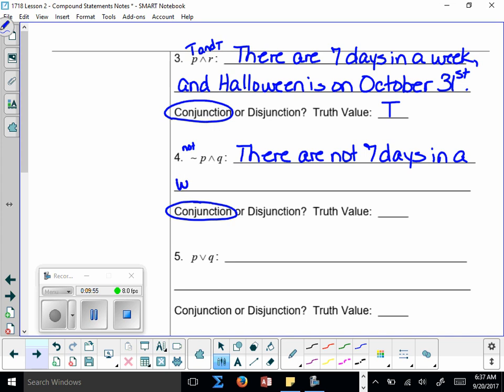Is that true or false? That's false. And Q, let's see, Q was March has 30 days. That was a false statement. So for a conjunction, both statements have to be true. The truth value of this statement, false.